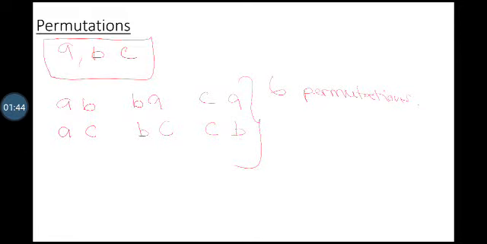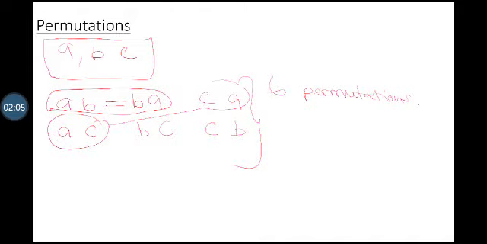However, with combinations, AB and BA are the same. The order is not important. The terms are the same. So AB and BA are the same, and we'll count this as one outcome. The same as AC and CA.